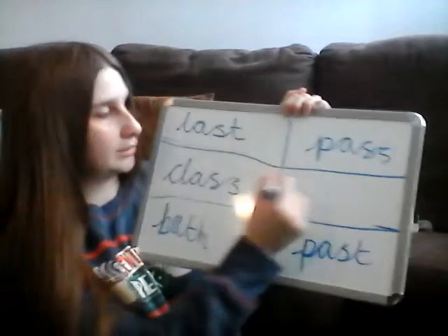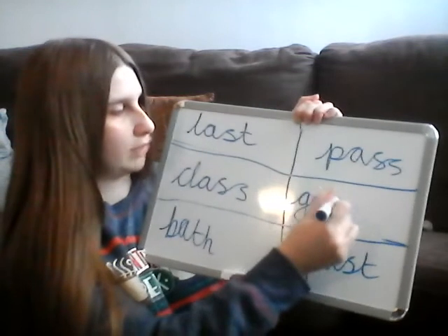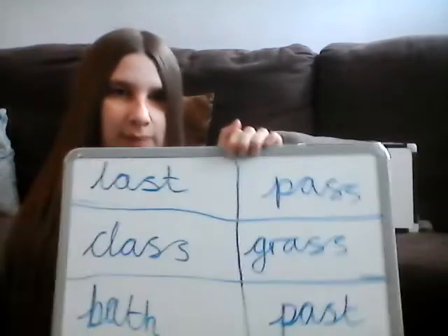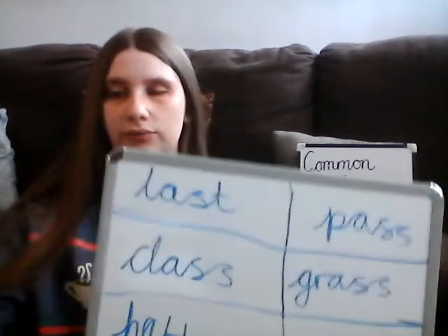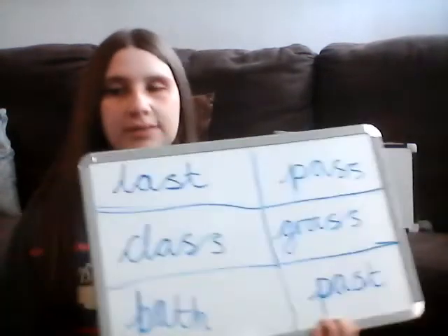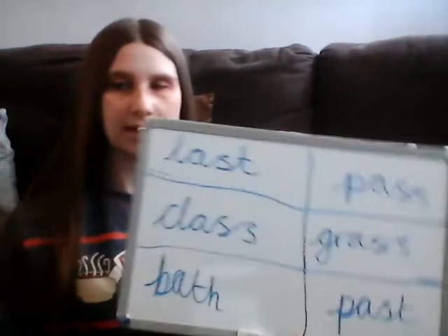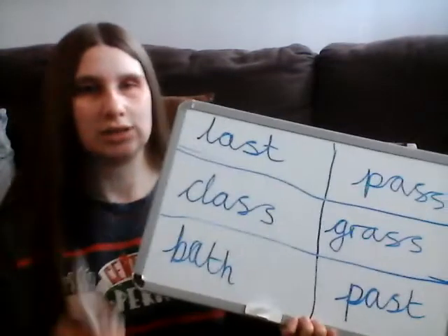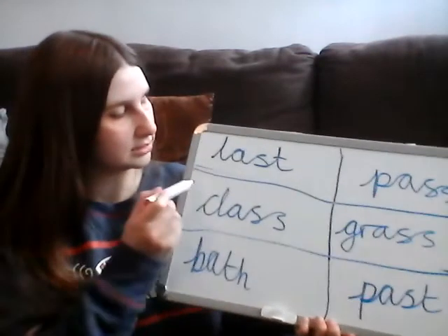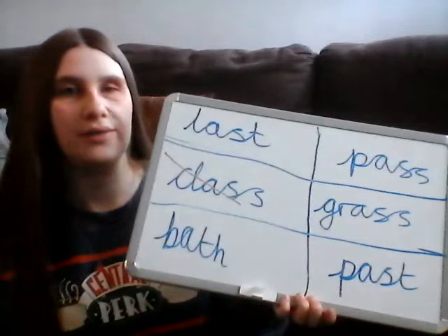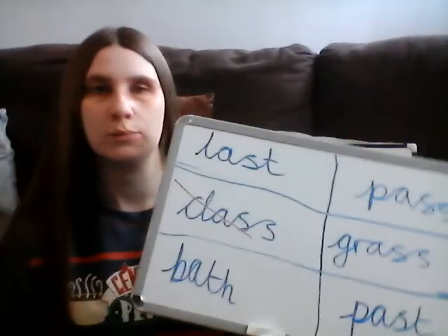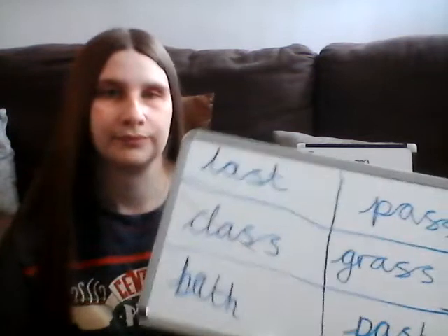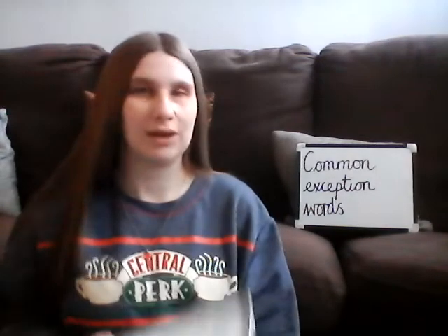And then the last one I could have grass over here. Okay? I did mine very quickly and very messily, but you can choose whichever words you want and write them in your squares. And then as always, when I say the word, if you've got it on your board, so if I said class, you would then cross it off like that. And the winner is the first one to cross all 6 of them off and shout bingo. They are the Phonics Bingo champions.